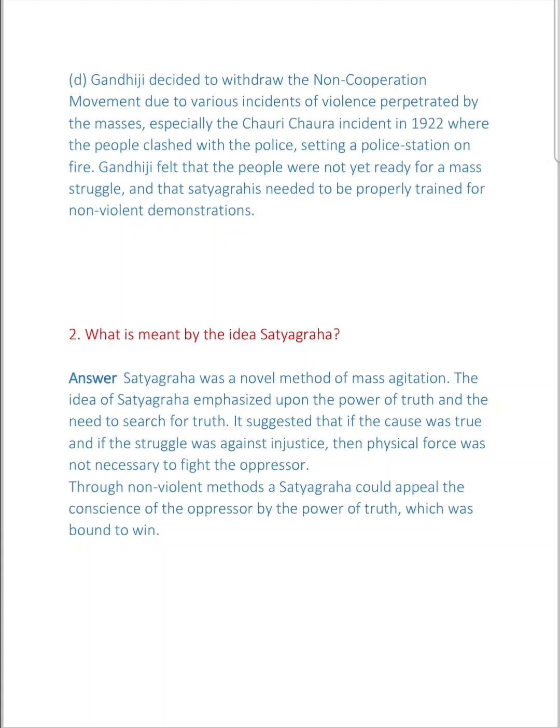It suggested that if the cause was true and if the struggle was against injustice, then physical force was not necessary to fight the oppressor. Through non-violent methods, a satyagrahi could appeal to the conscience of the oppressor by the power of truth, which was bound to win.